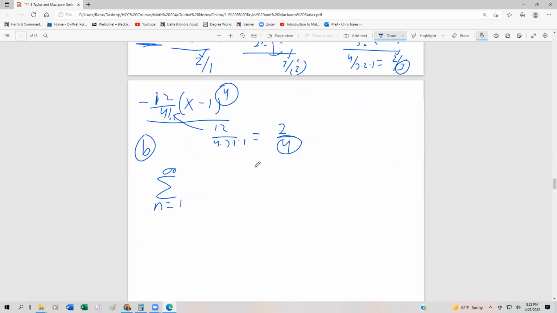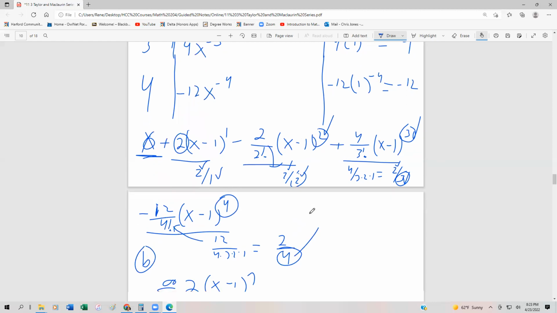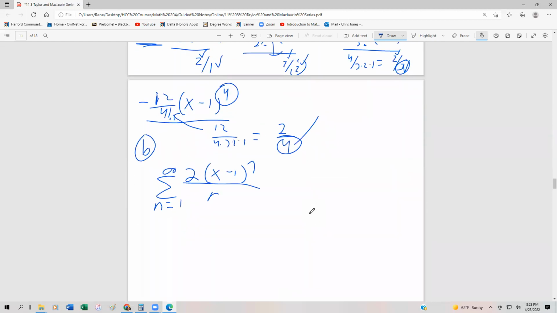We're going to have the 2. We're going to have x minus 1 to the nth power, so notice here we have a first, second, third. And then over here, when we simplified, we had a 1, a 2, a 3, and a 4. So that was the same thing as n. So we're going to divide that by n.